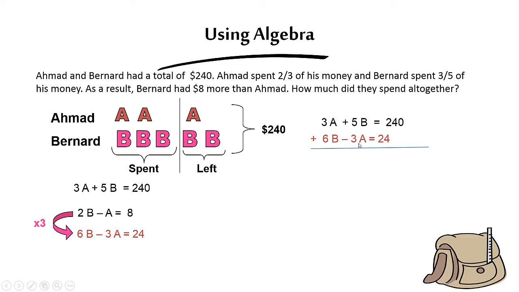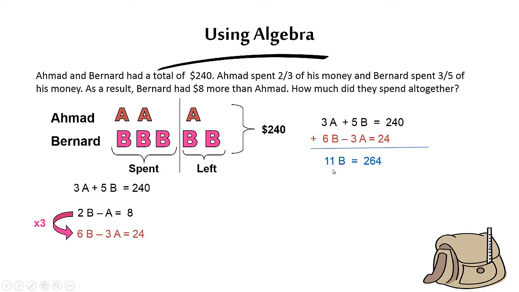The A's will be gone. So 5B plus 6B will give me 11B, while 240 plus 24 will give me 264. This method is called elimination. It's just like doing your normal addition.